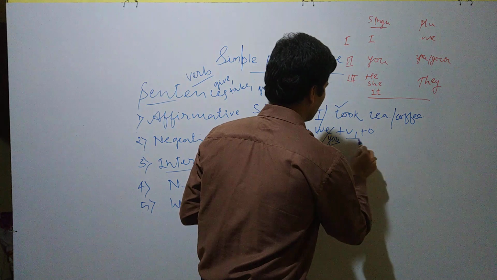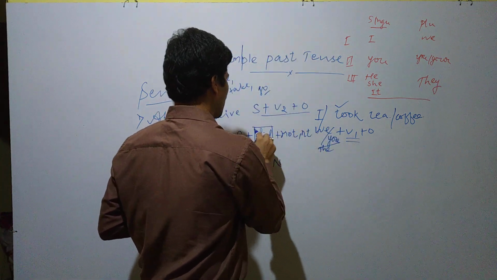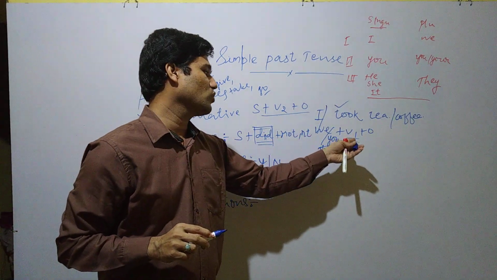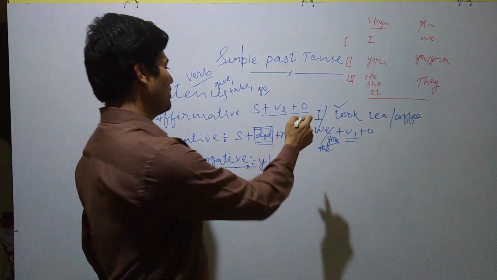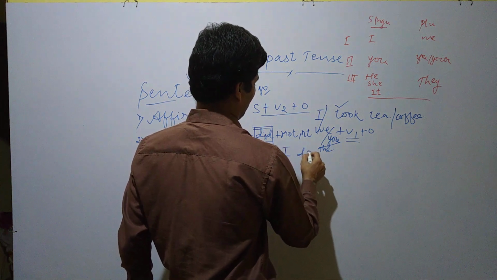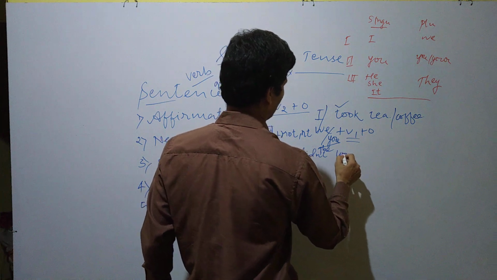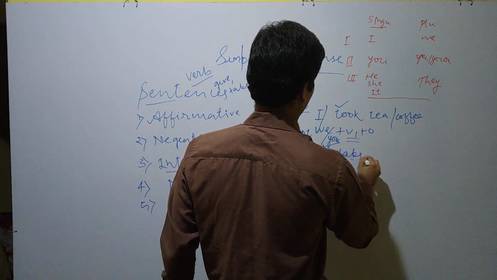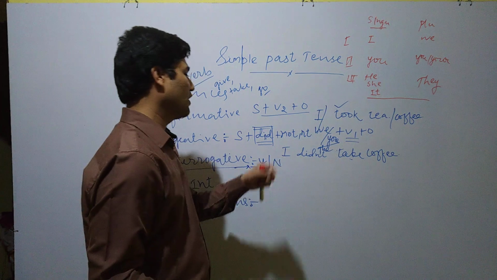So keep remembering this: where we have did in our sentence, we never use V2, only V1. So I did not take coffee, or you can say, I didn't take coffee. That is all about the negative sentence.